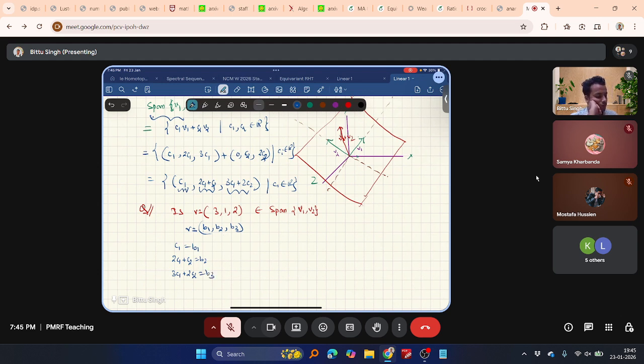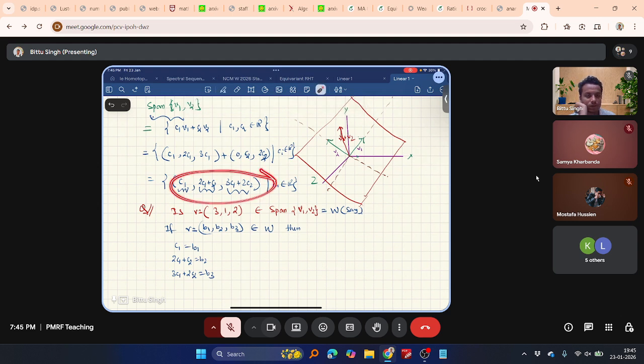So if v belongs to the spanning set, let me denote it by W. This is also a vector space, you can prove. If v belongs to W, then we already know W contains elements like this: the first component will look like c1, the second component will look like 2c1 plus c2, the third component will look like this.